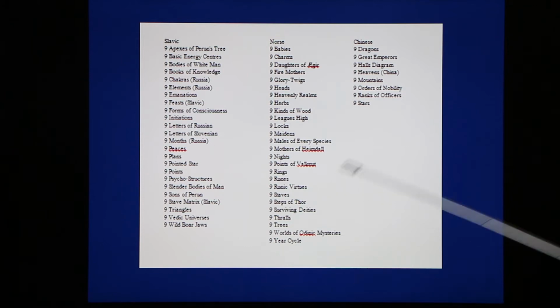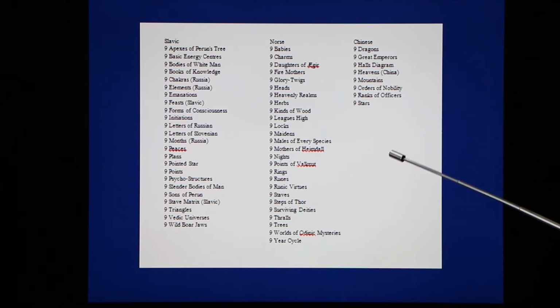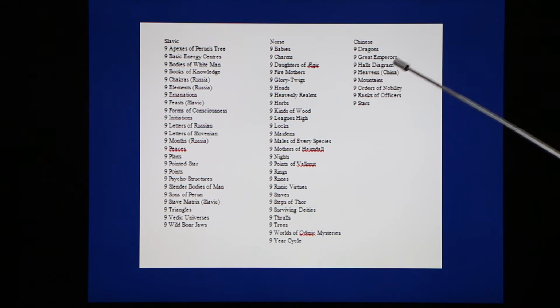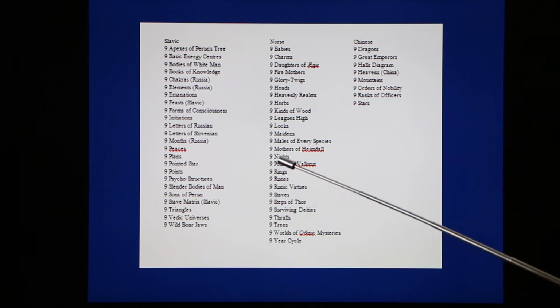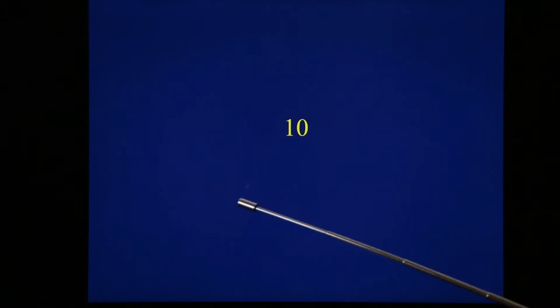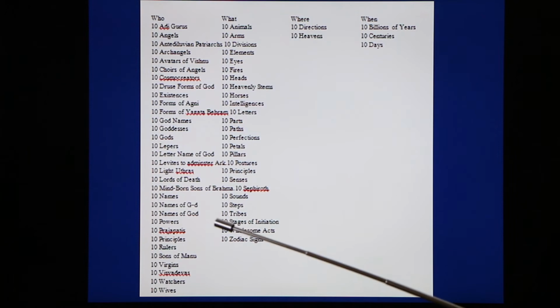Odinic mysteries and 9-year cycles. In the Chinese, 9 dragons, great emperors, 9 halls diagram, heavens, mountains, and orders of nobility, ranks of officers and stars.